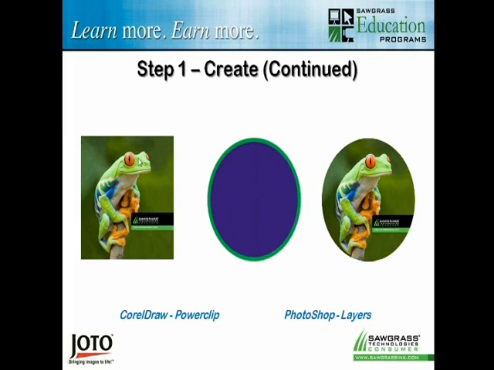And then I'm going to take the actual image that I need to place on there. I can combine the two together, use the PowerClip function of CorelDRAW, and what it does is it crops and resizes the image, as you can see over on the far right, to be a perfect mate to that coaster. Very important, very easy, and doesn't cost you anything, okay? And that's how we work with, and as you see as we go through this, there's a lot of different substrates or blank items that we're going to decorate.